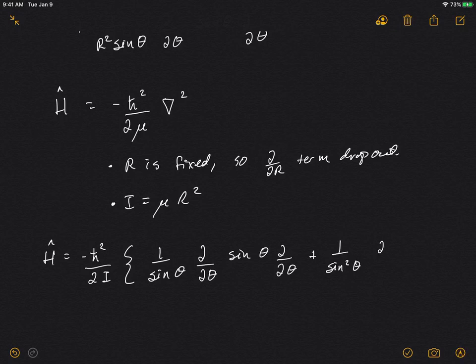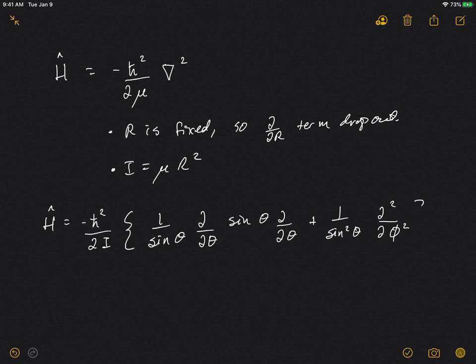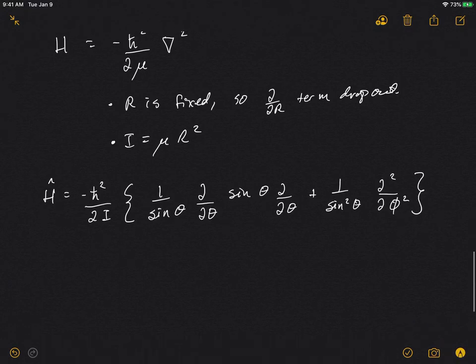You can use parentheses around sine theta to square it. Okay, so this is still fairly messy, but this is what we end up with. This is the Hamiltonian for the rigid rotor in spherical polar coordinates.